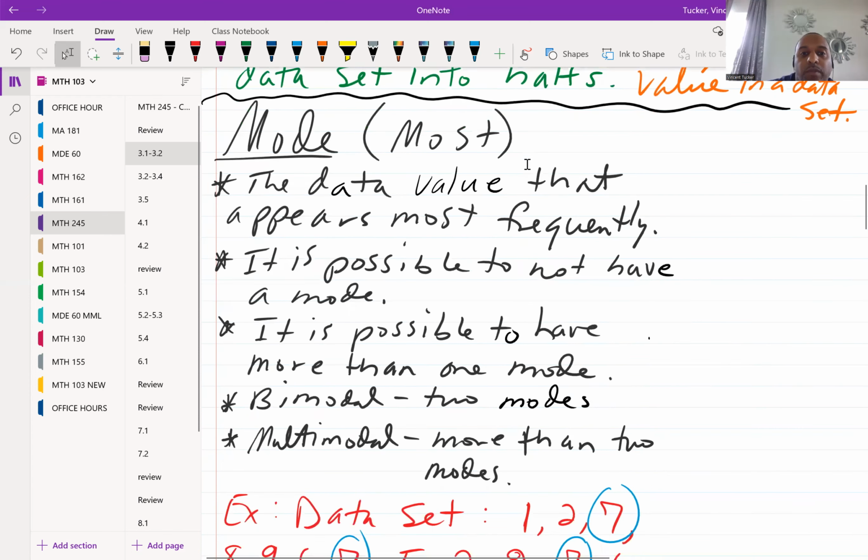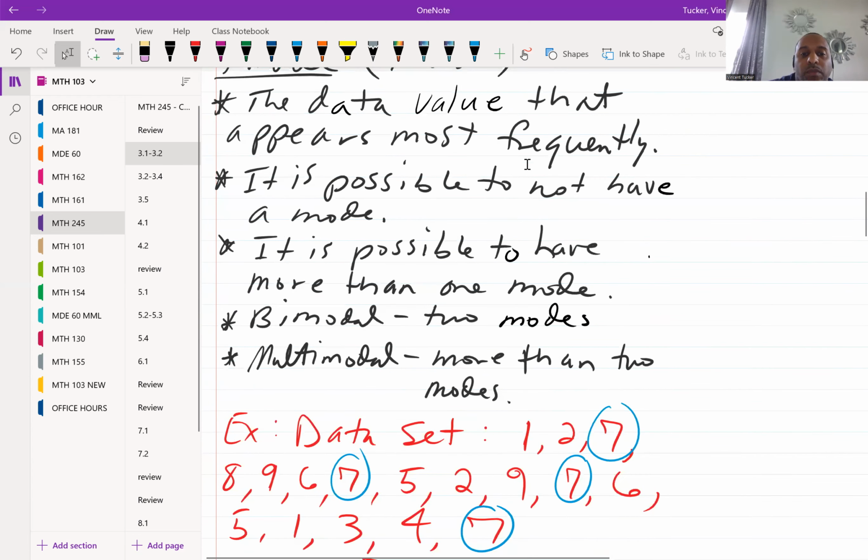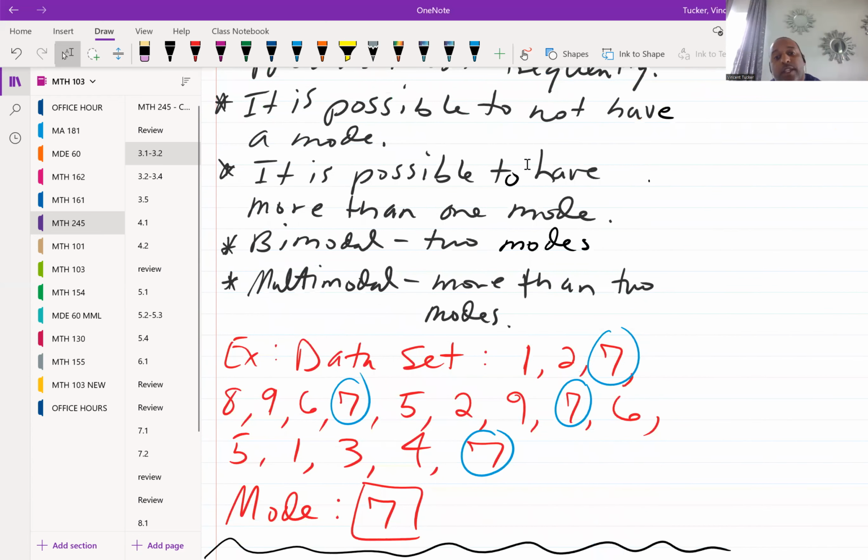All right, scrolling up. So just an example of a data set here.